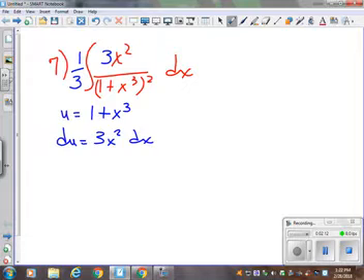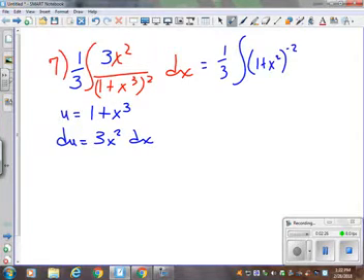Now, we could rewrite this question, and it might be a little bit easier to see that u to u work if we rewrote it as 1/3 integrated and bring this up to make it look like a power problem with our 3x squared dx to the side. Because it's on top, you can move it to the side.